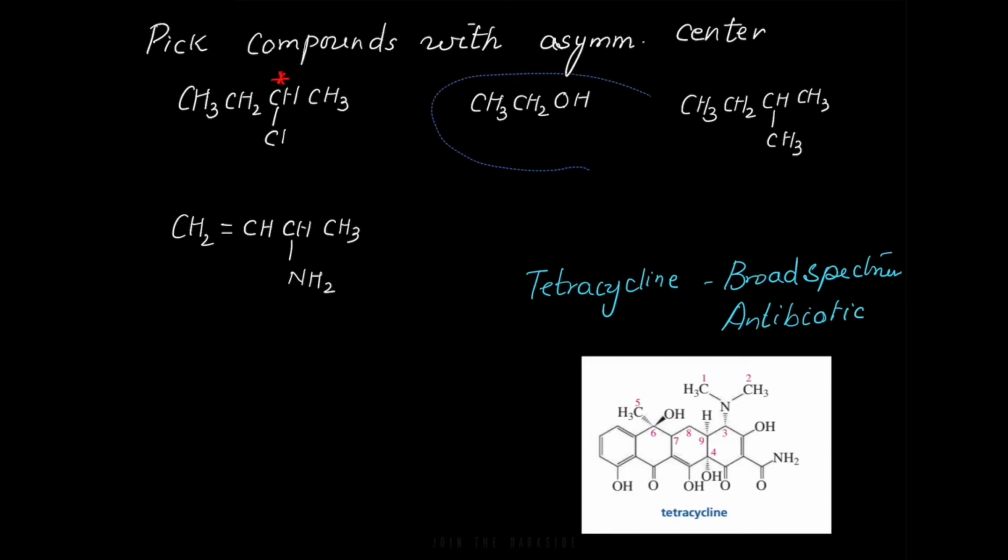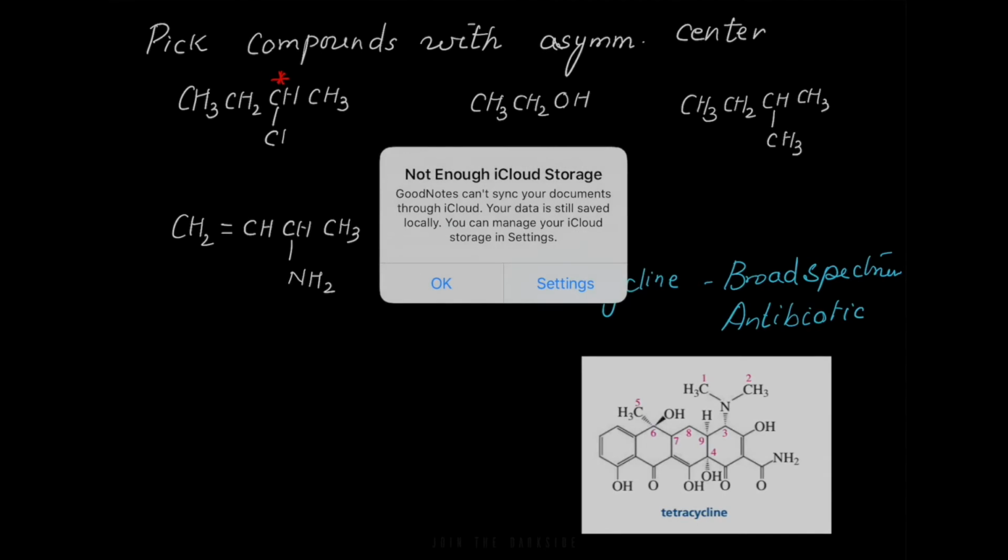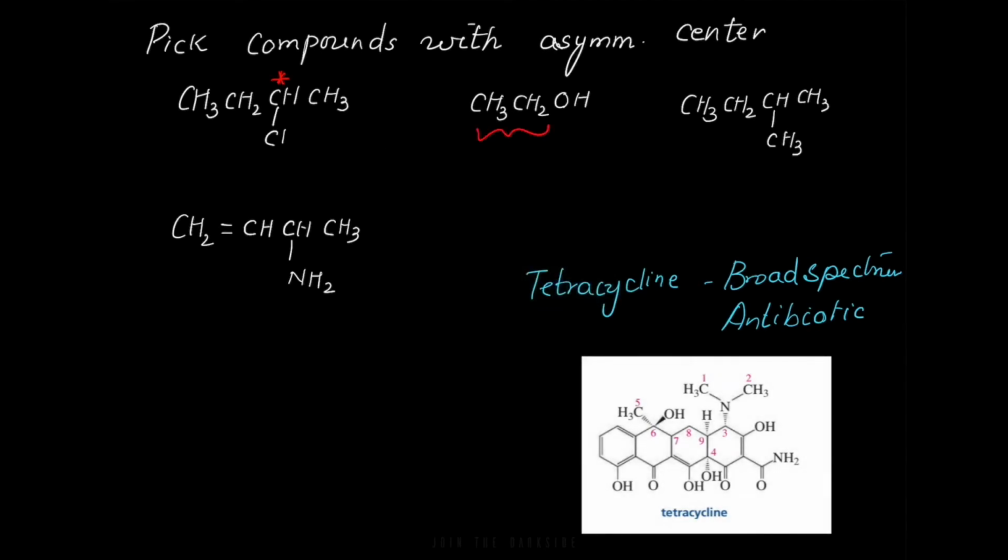Now let's analyze the next compound. This is ethyl alcohol. Yes, you do have sp3 carbons on it, but when you analyze the different groups, you have exactly the same groups on it. Therefore there is not going to be any chiral center in it. Now let's go on to the next one.